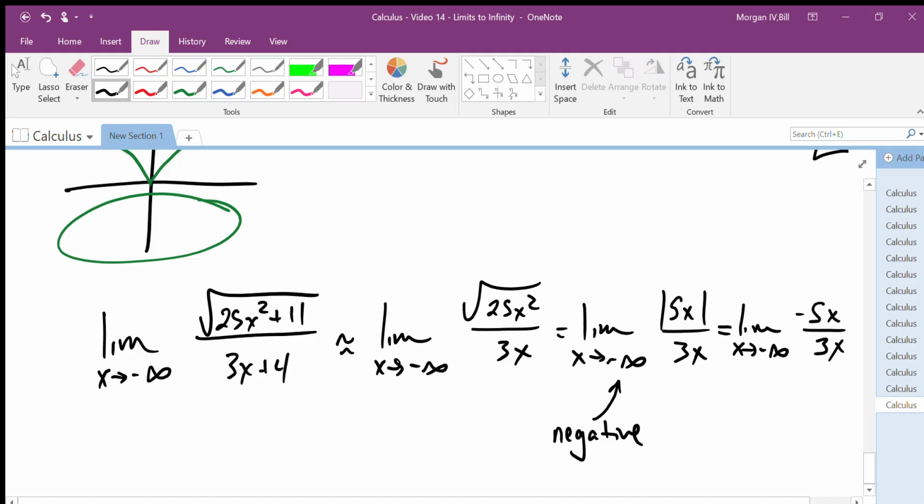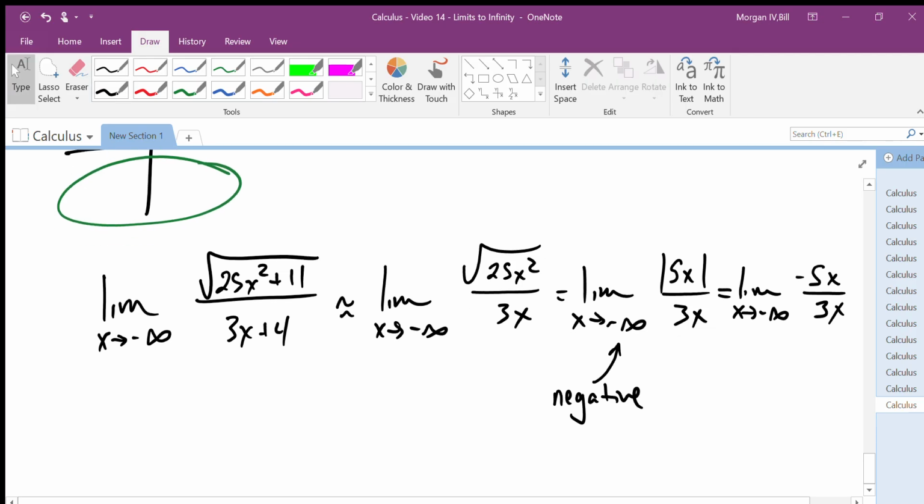Negative 5 times negative 1,000 is positive 5,000. We're changing the sign back to positive because we're plugging in negative values of x. Then, when we cancel the x's out, we have the limit as x goes to negative infinity of negative 5/3, which is negative 5/3.